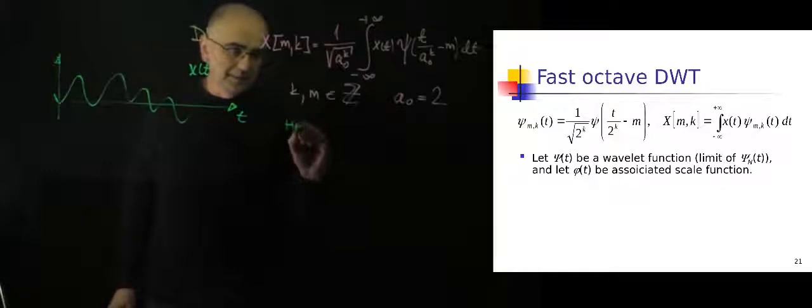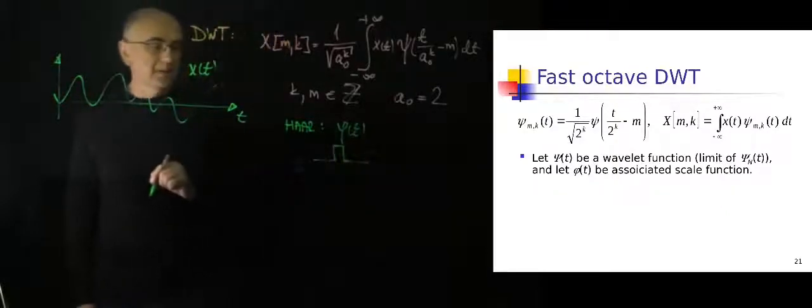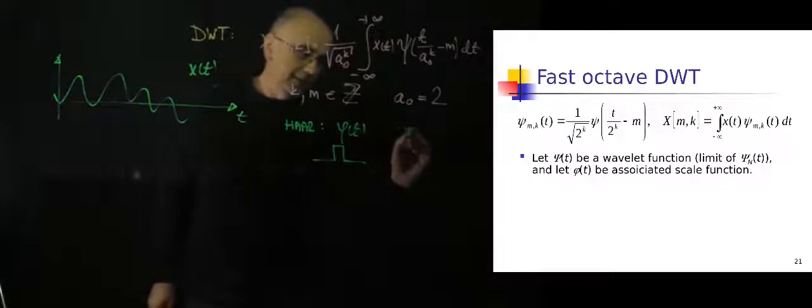For example, Haar. So the scale was actually a rectangular pulse, and the associated wavelet function was something like this.